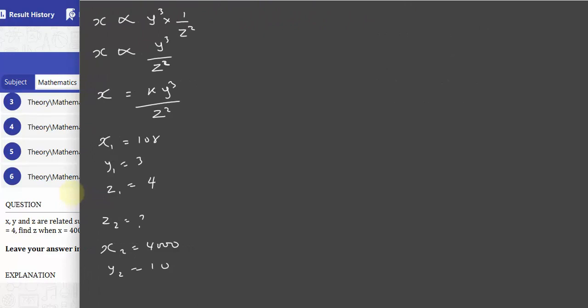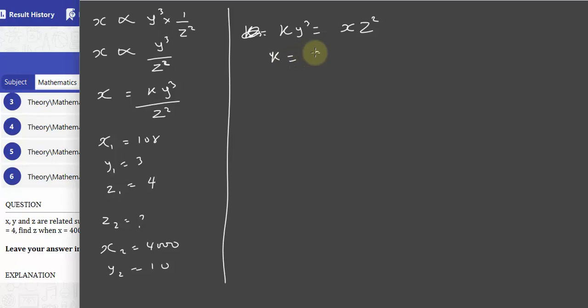The first thing I want to do is to get the value of k. So let's solve for k, which is to just make k the subject. If you cross multiply, you get x z squared, then making k the subject gives you k equals x z squared over y cubed. Now we've made k the subject, let's solve for k.